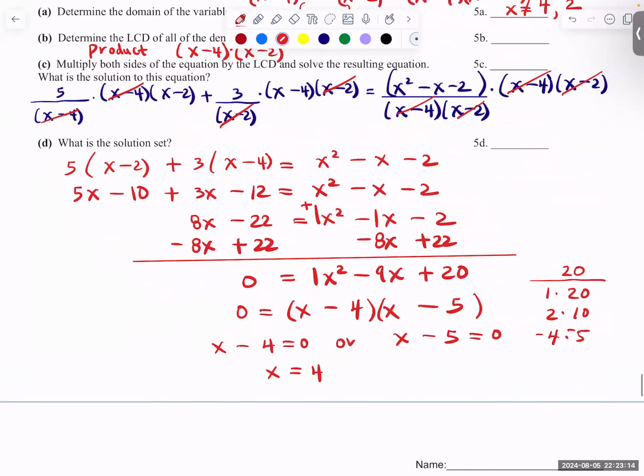So here would be an extraneous solution. 4 is an extraneous solution, or x equals 5, you could then check. So you would state the solution set contains 5, but 4 would not be in this solution set since it's an extraneous solution.